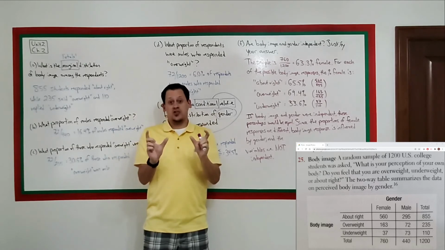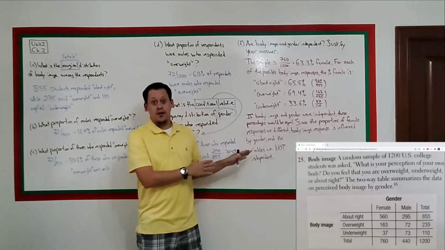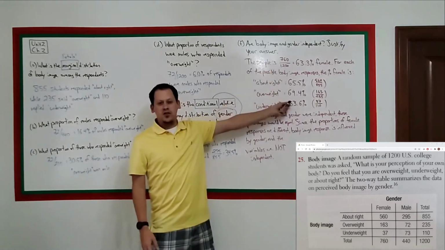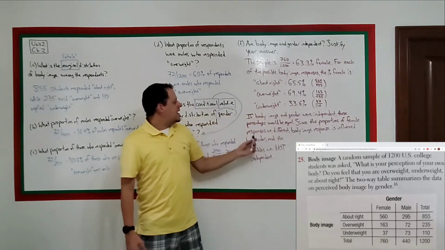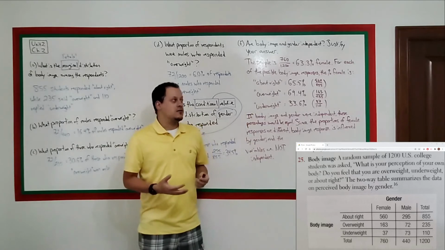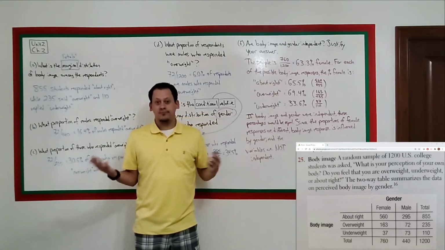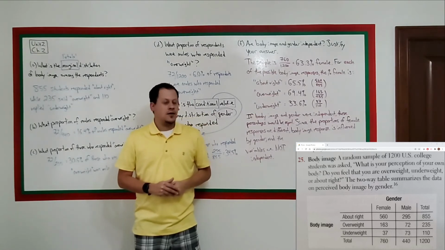And if those percentages were different, you would have the same answer, right? So I don't want you to get stuck on the fact that you didn't use exactly this. It's the main idea: these conditional percentages need to be the same for the variables to be independent.